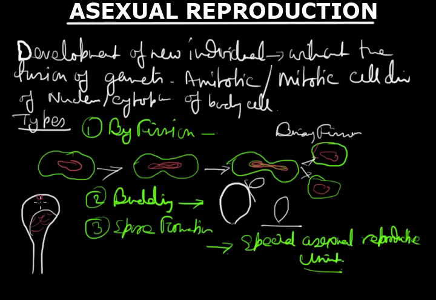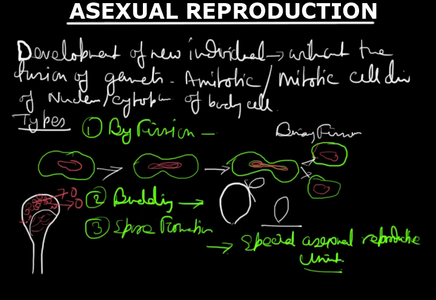The spores occur in this region. The spores get detached from the sporangium, and later on germinate to produce a new individual. This is spore formation, the asexual reproductive unit.